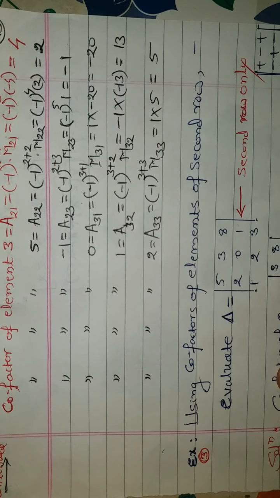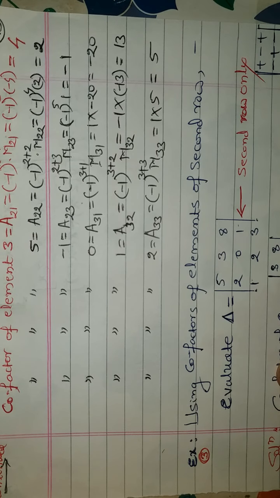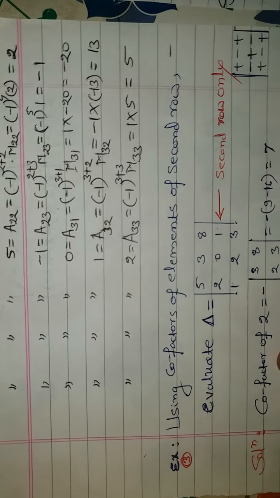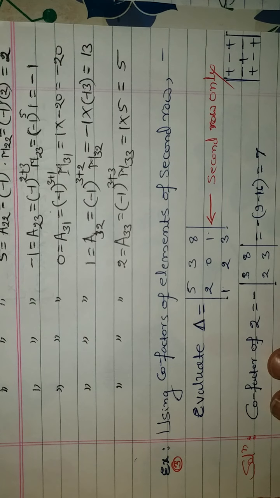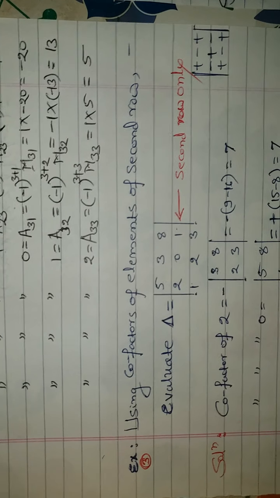Hence, all these are the minors and cofactors of the elements of the third order determinant. Am I right here? You have understood the second order determinant, minors and cofactors, and third order determinants, minors and cofactors.